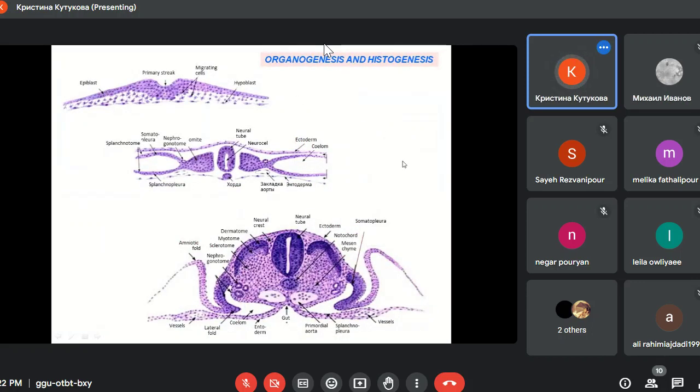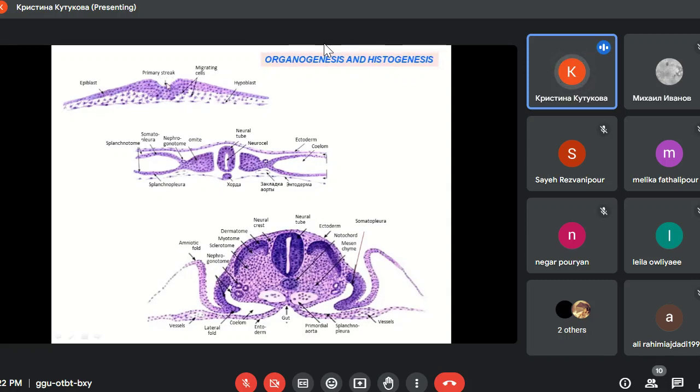So here are our histological preparations, the organogenesis and histogenesis. We have the sections of embryo at three stages. The first picture, this is the embryo at the second stage of gastrulation, immigration.